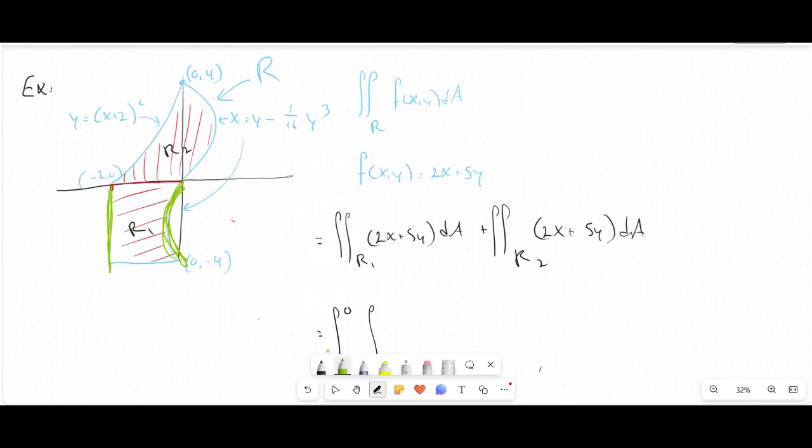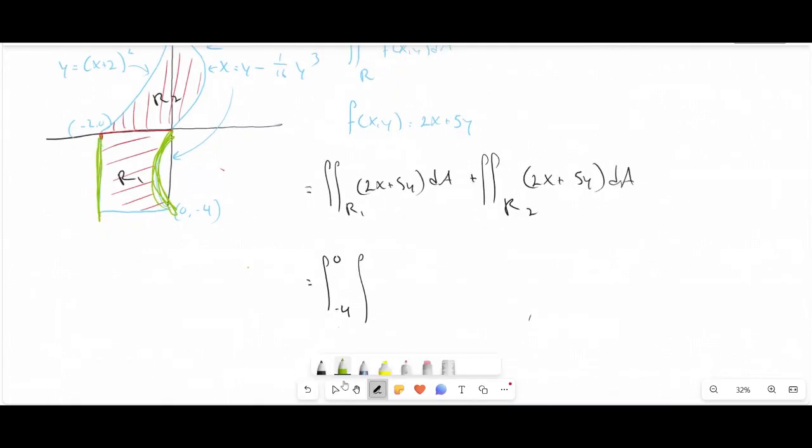It's just negative 2. The upper bound is this function of y here: y minus 1/16 y cubed. This one's going to be annoying to integrate, but whatever. This is dx on the inside and dy on the outside.